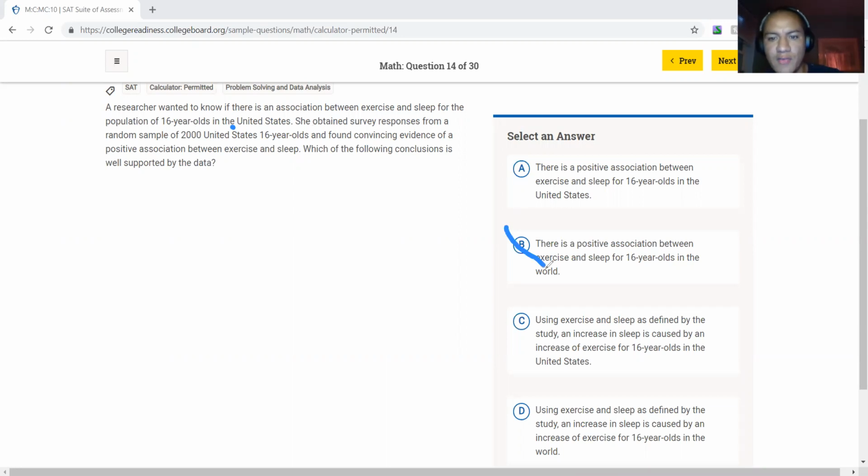Using exercise and sleep as defined by the study, an increase in sleep is caused by an increase of exercise for 16-year-olds in the United States. So that might not be true, because correlation does not imply causation. Just because something matches with the other thing doesn't mean that something causes that other thing.